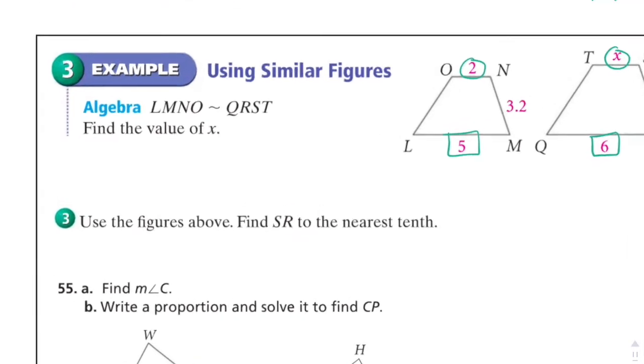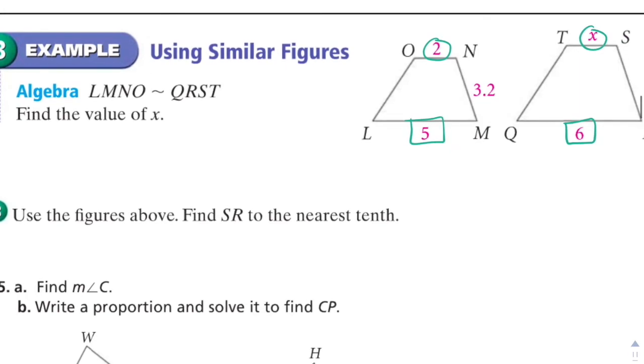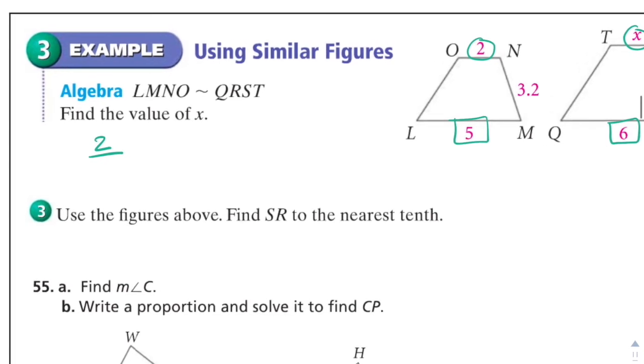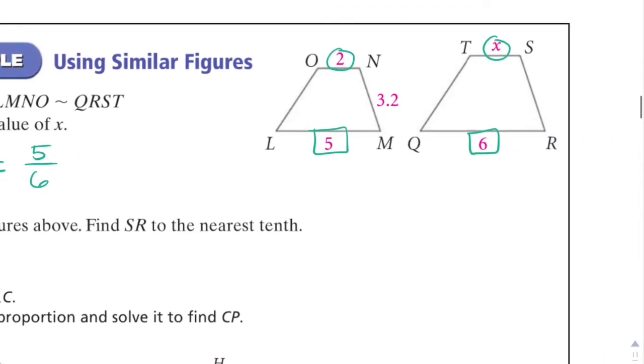So what I'm going to do, it doesn't really matter how I set it up as long as I keep the order the same. I'm going to do 2 is to X as 5 is to 6. Notice I did from top left to top right, and then from bottom left to bottom right.